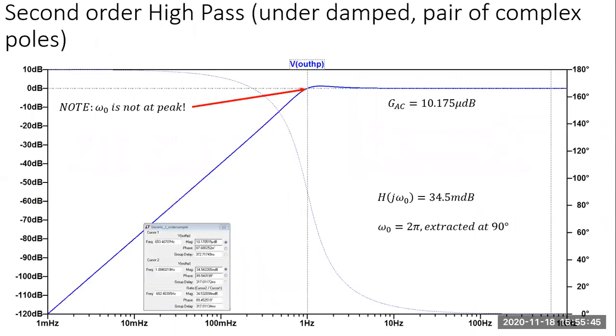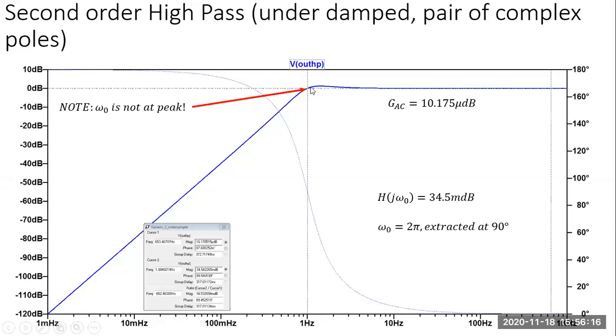Now here it's underdamped, but this peak, just so you know, is not omega naught. It gets closer and closer the more underdamped you are. Here's my high frequency gain, which I'm measuring at 10.175 micro dB, which is effectively 0.